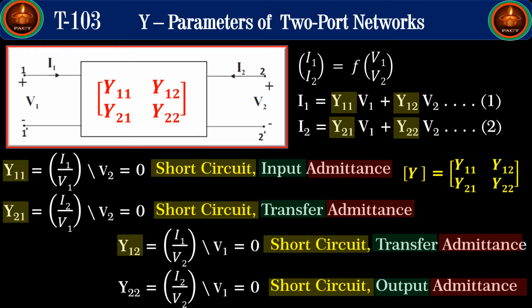And number two, all parameters are short circuit parameters. And number three, all parameters are admittance parameters. So, whether we call as Y parameters or short circuit parameter or admittance parameter, all the three are same.